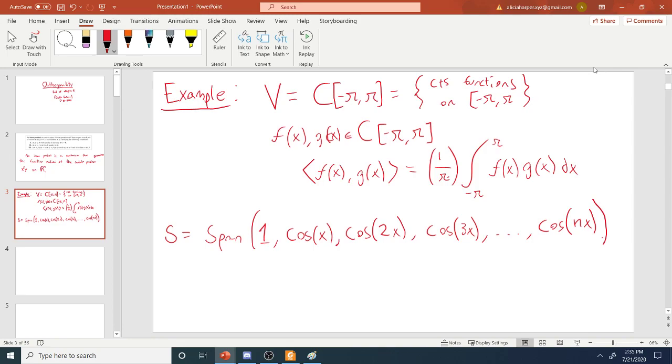I'm going to note that, of course, 1 is equal to cosine of 0 times x. So S is a subspace of my much bigger vector space.